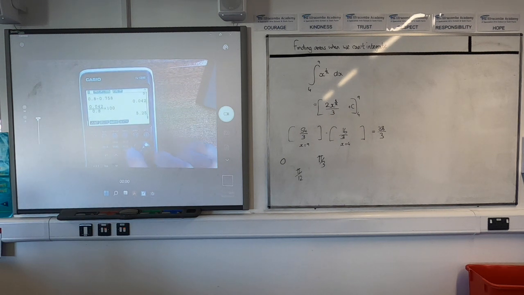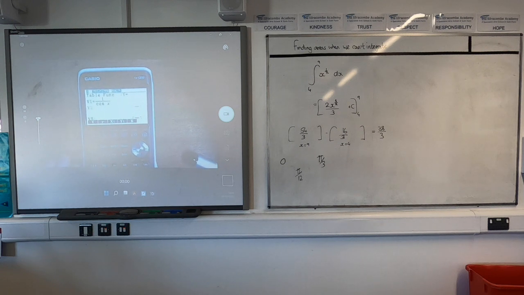So menu, table, delete that. I'm going to type in as my function 1 over cos x. I'm going to make sure I'm in radians, because whenever I'm differentiating or integrating with trigonometry, I need to be in radians. So that's my function.